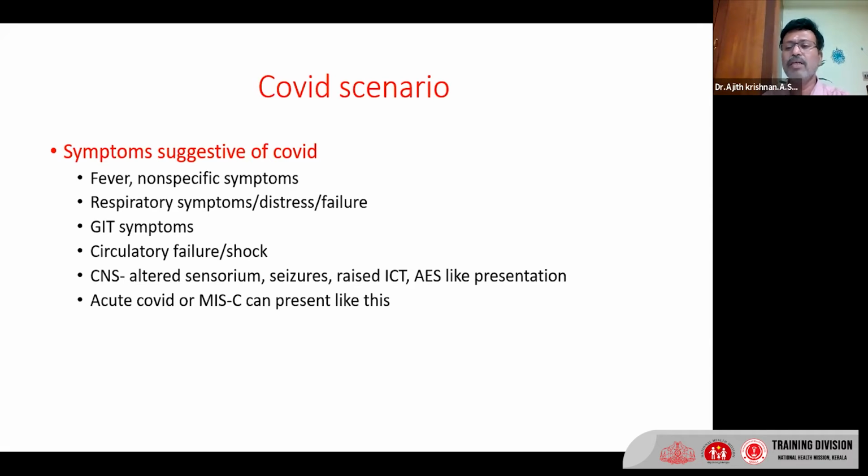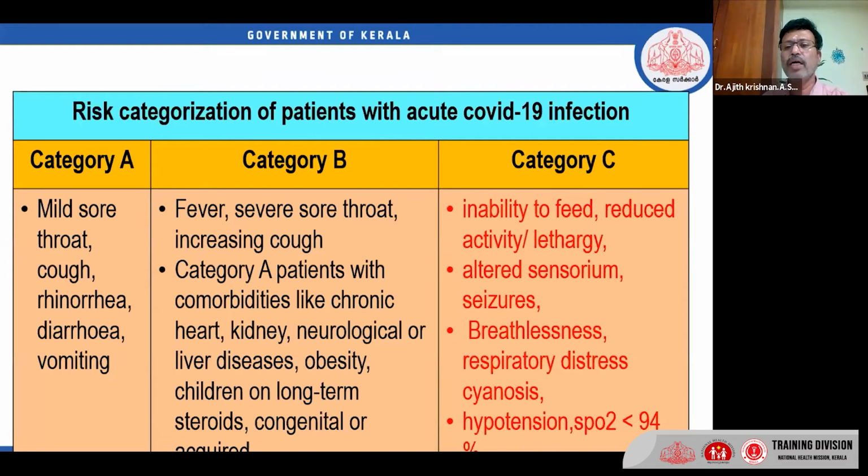So most of the time in MISC also, the history of fever and previous COVID may not be there in most of the cases. And sometimes we may be thinking of acute COVID. You all may be familiar, because already you have had two classes, with the categorization, and you have to refer cases belonging to category C. So you should be familiar with the symptoms of category C, that is the inability to feed, decreased activity, lethargy, and altered sensorium, seizures, breathlessness, respiratory distress, cyanosis, hypotension.